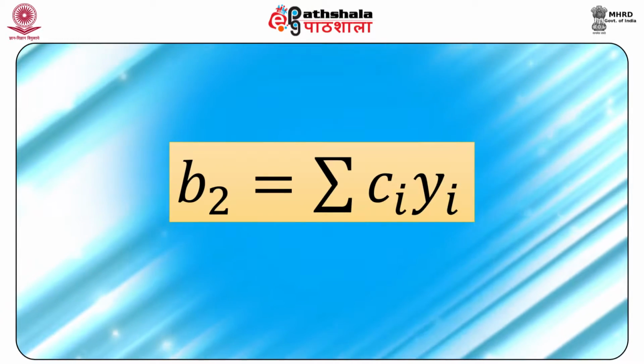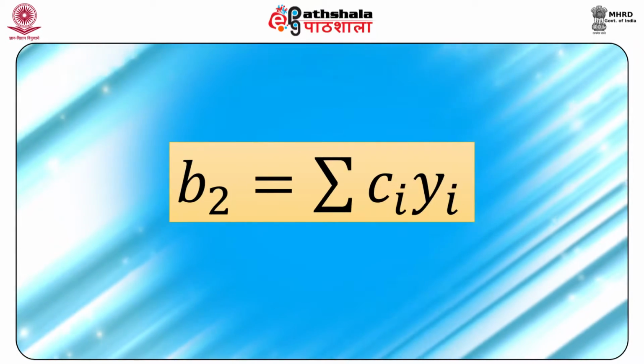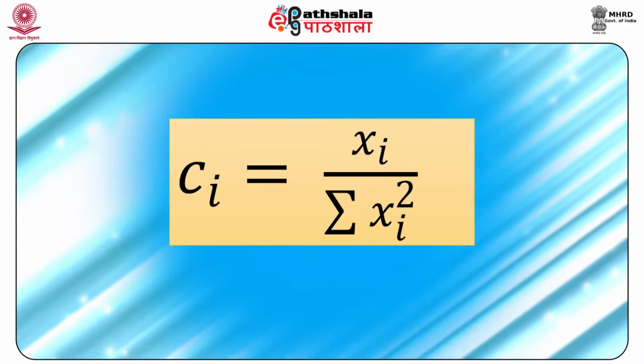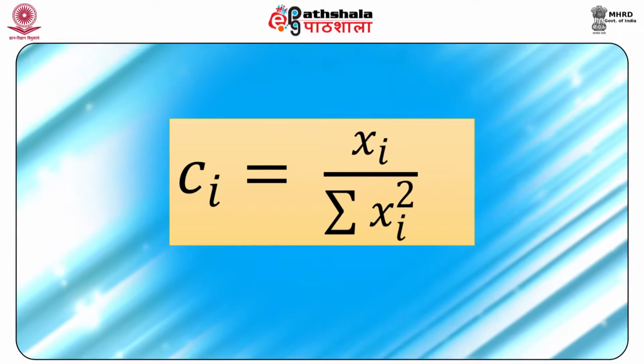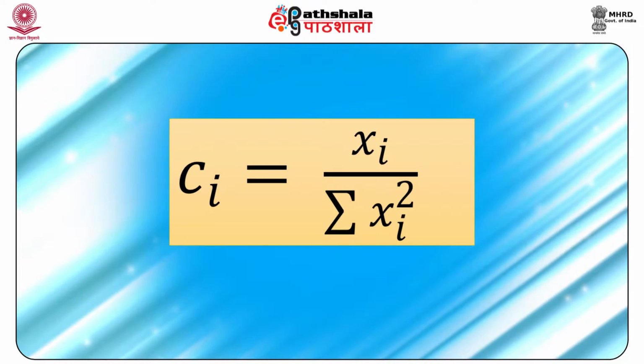So let us look at the probability distribution of the disturbance term mu t, on which generally these distributions depend. We know that B2 is equal to sigma Ci yi, where Ci is defined as xi upon sigma xi square. Since xi's are assumed to be non-stochastic and therefore fixed, B2 is a linear function of yi.